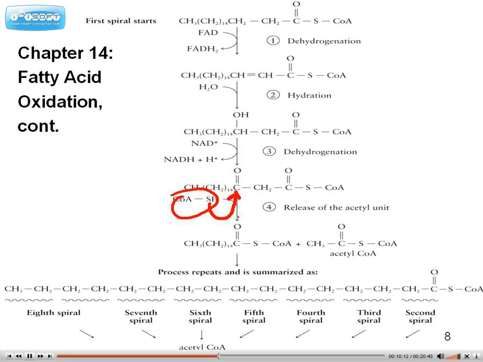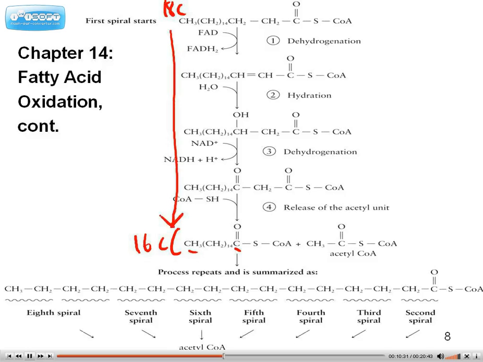It then makes a brand new shortened fatty acyl group. So notice that's a new shortened fatty acyl group because the total number of carbons is going to be 16 carbons. Notice we originally started off with 18 carbons, but now it went to 16 carbons.